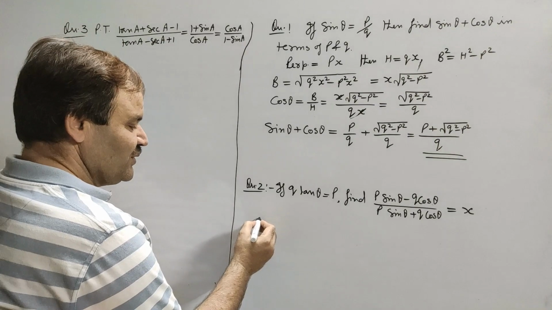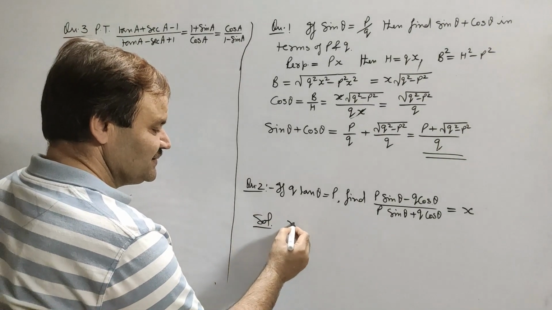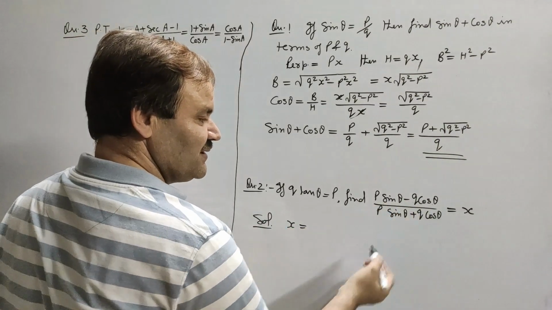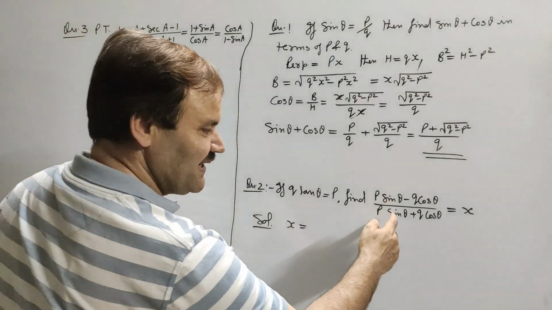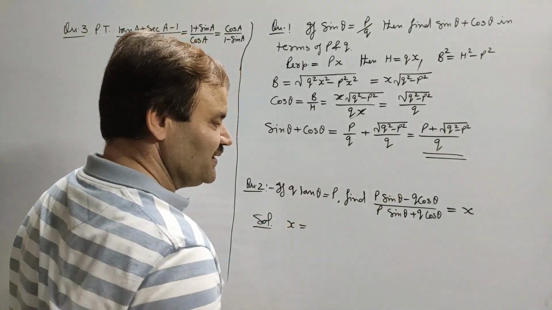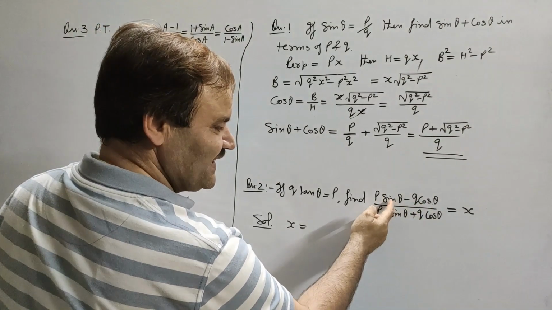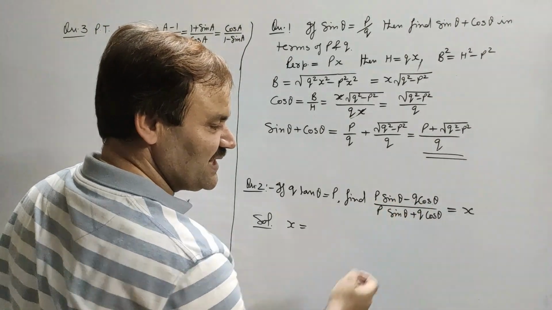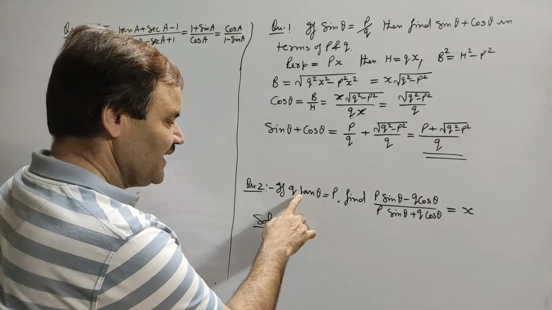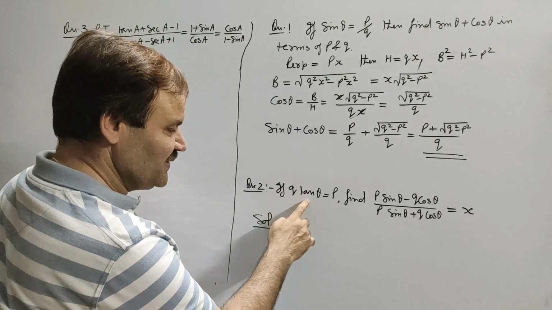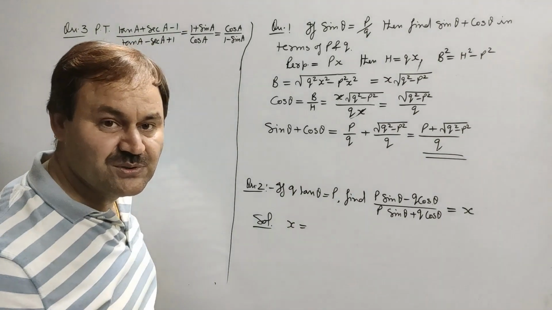So x will be this one, and by dividing numerator and denominator both by cos theta, we will get tan theta in numerator as well as in denominator, and the value of tan theta from here we will get p upon q.